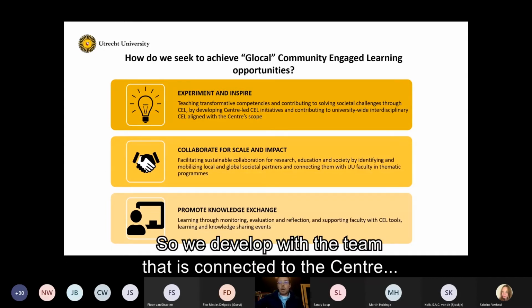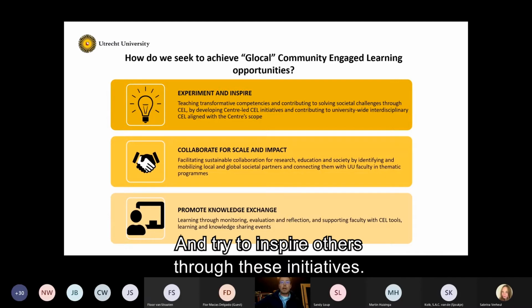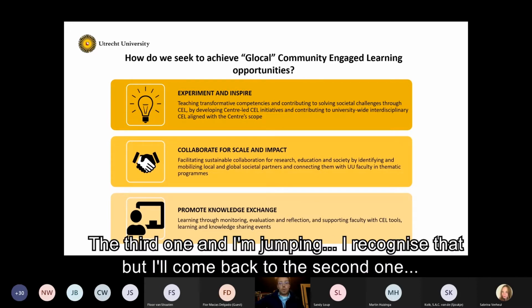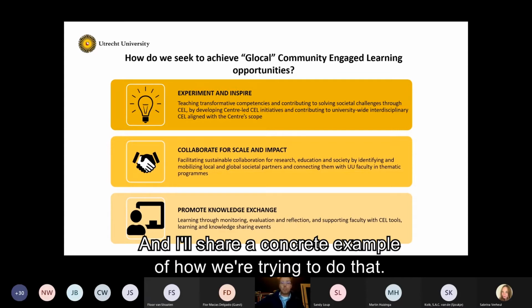So we develop with the team that is connected to the center various CEL initiatives and try to inspire others through these initiatives. The third one, and I'm jumping, I recognize that, because I'll come back to the second one, we try to promote knowledge exchange, and I'll show a concrete example of how we're trying to do that.